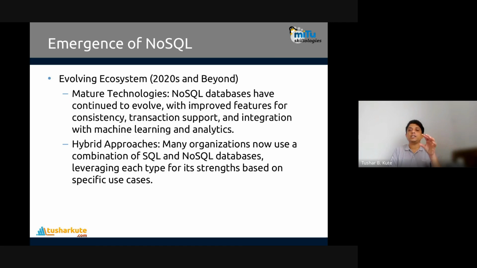And if I see the current scenario, let's say this decade, 2020 onwards, technologies have become mature. So NoSQL databases have continued to evolve with improved features for consistency, transaction support, and integration with machine learning and analytics. Correct. We have seen big data architecture in Hadoop. This architecture contains separate services to accomplish respective tasks. In that, we showed Apache Mahout and Spark MLlib.